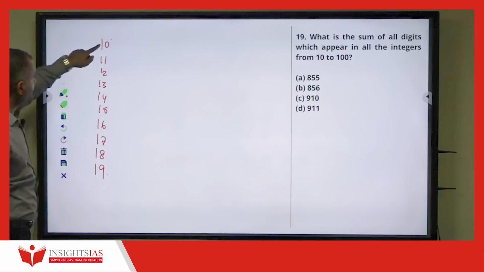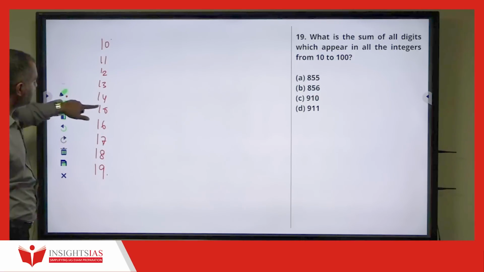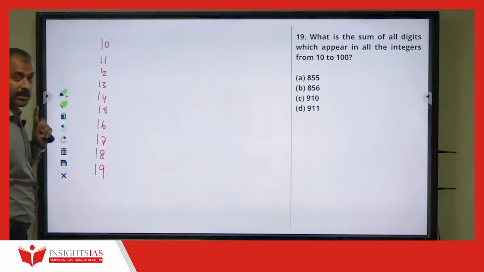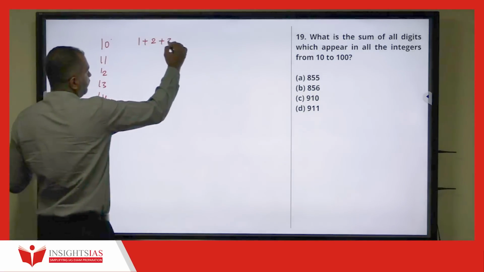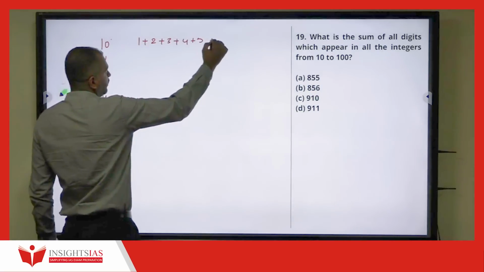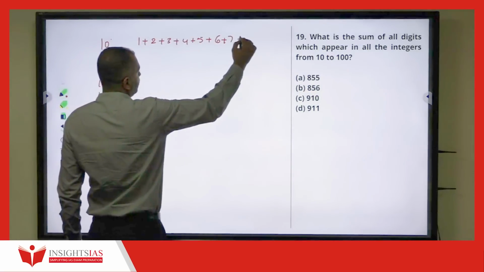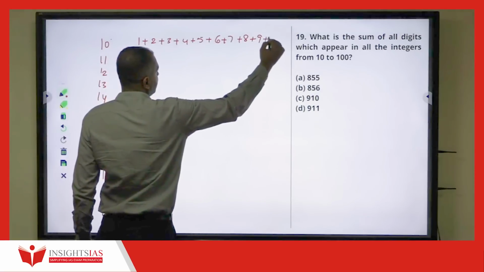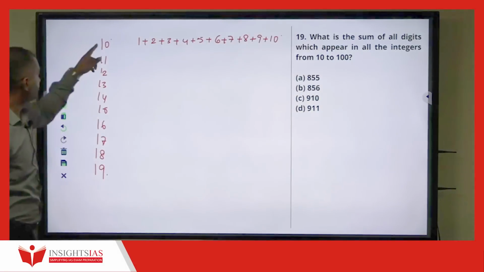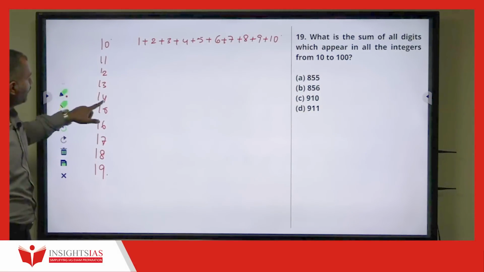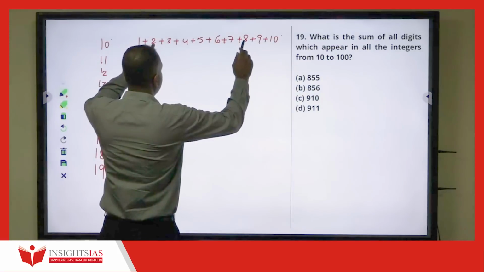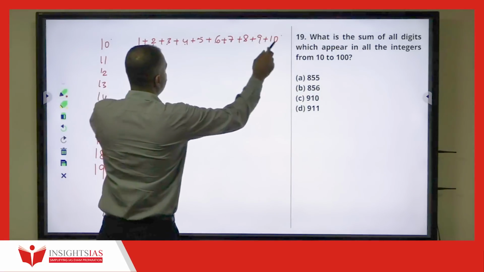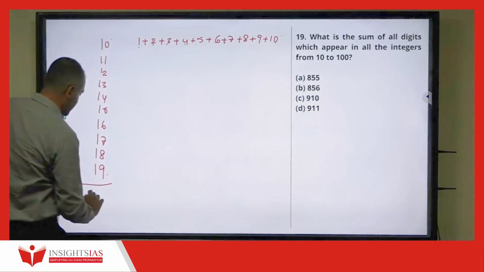Here the sum is 1 plus 2 plus 3 plus 4 plus 5 plus 6 plus 7 plus 8 plus 10. 1 plus 0 is 1, 2, 3, 4, 5, 6, 7, 8, 9. Sum is 10, 20, 30, 40, 50, 55. Always it is 55.